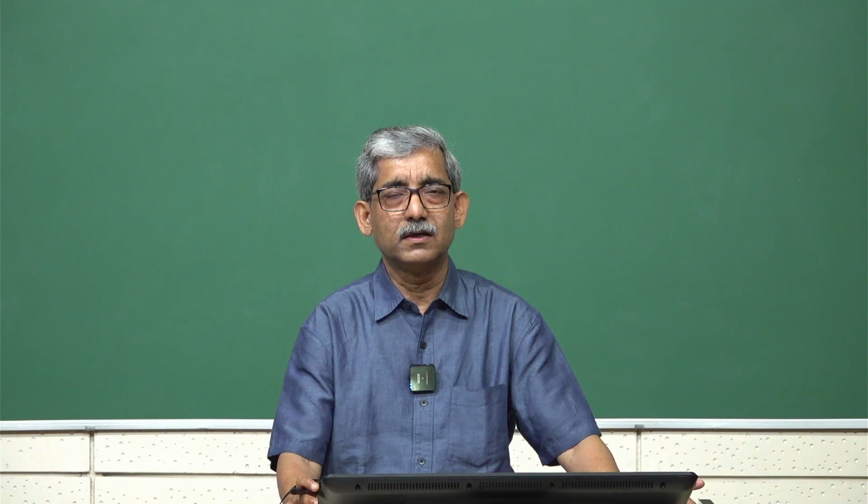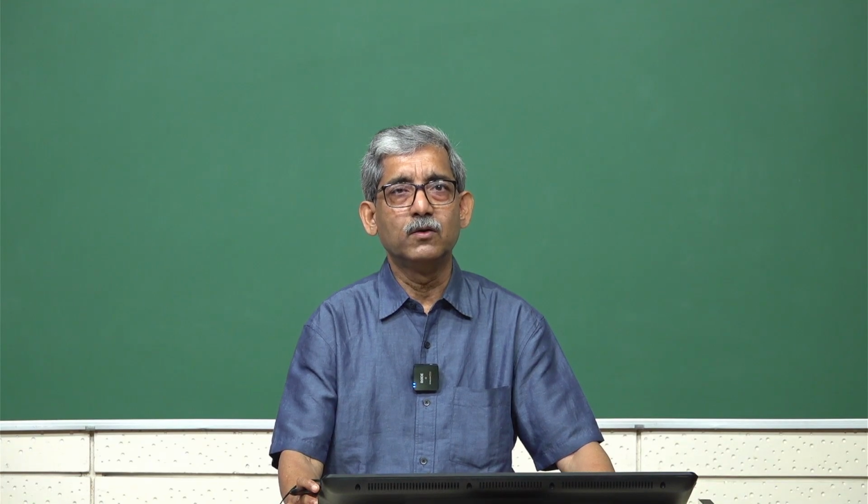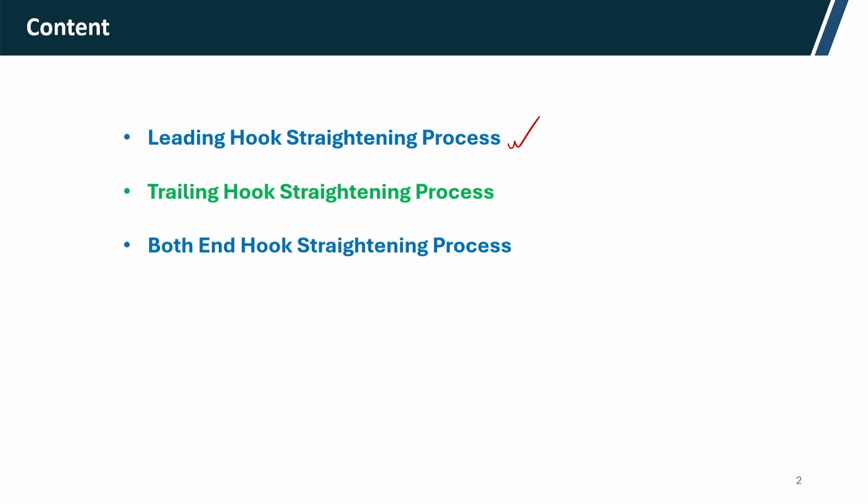The content of this session will be the leading hook straightening process. There are 4 types of hooks we will be discussing. One is the leading hook straightening process, then the trailing hook straightening process, the both end hook straightening process, and the straightening process of clamped fibers.